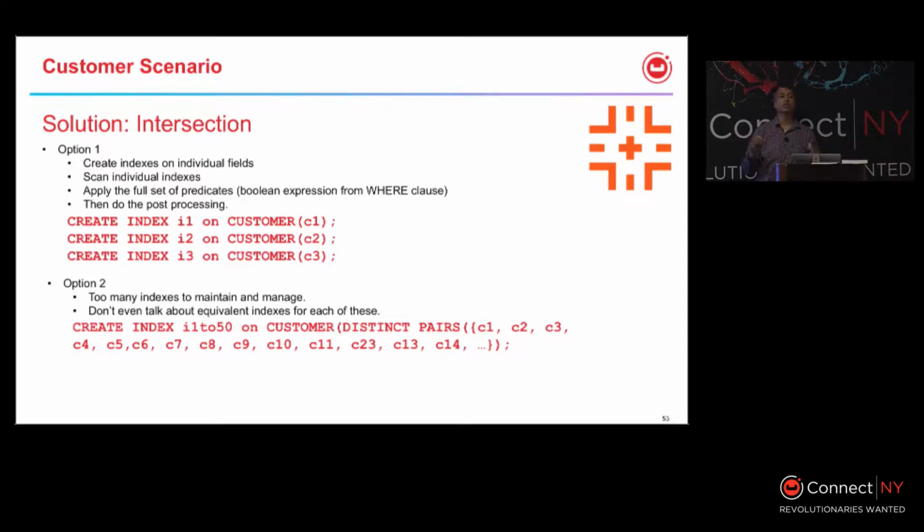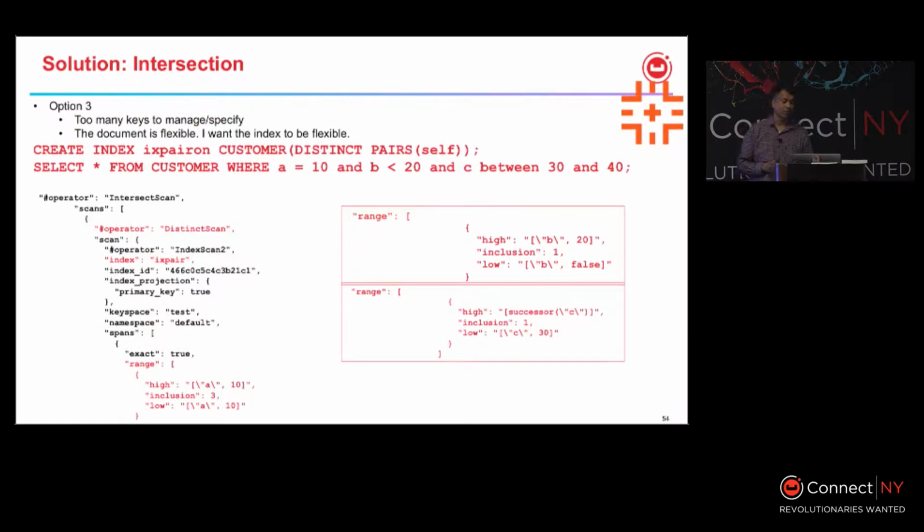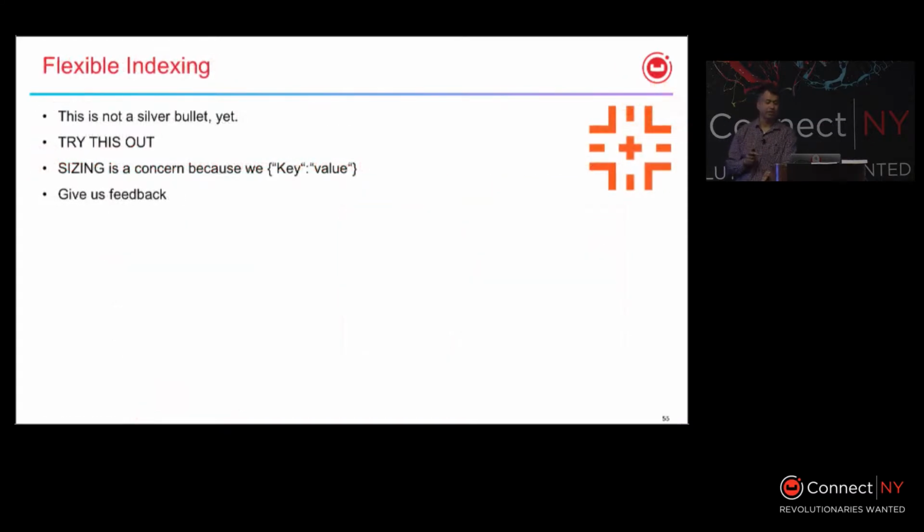So no matter what key is used in the filter, we use this index. And more importantly, if you see the explain here, we push down the right predicates to the index scan, so only the data that you want is selected from the index, so your result is efficient.